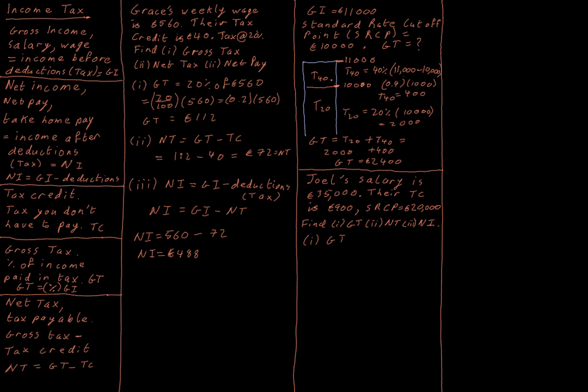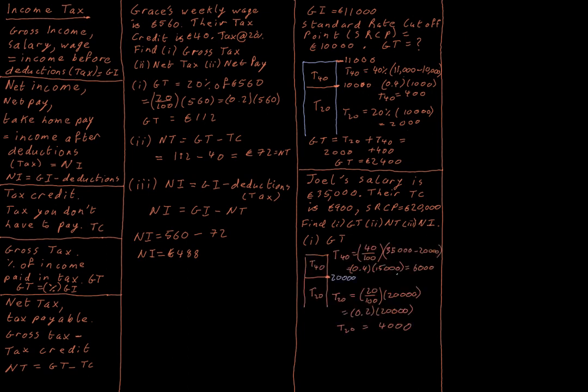So let's draw in our quick diagram. So what we've done is we've drawn our quick diagram just to remind us of what's happening. So our income starts here at 0 and we go all the way up to 20,000 euro, and then past that 20,000 euro mark, that's our standard rate cutoff point. We go from paying 20% tax up to 40% tax. So the 20% tax is fairly straightforward.